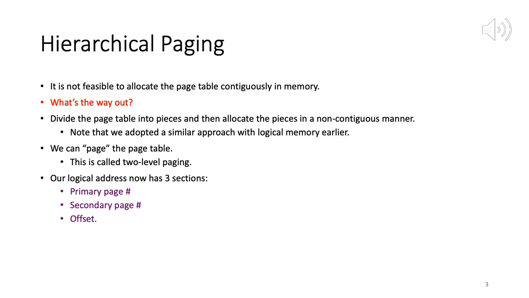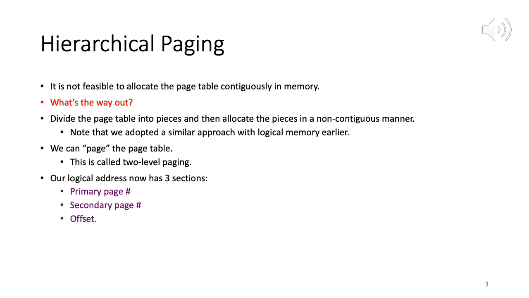Okay, so now I am on slide number 3, hierarchical paging. In the last slide we saw that one of the issues with page tables is the amount of memory needed to store them. Each page table needs 4 MB of memory, which is quite large, right? So you have a large number of processes, a page table for each.